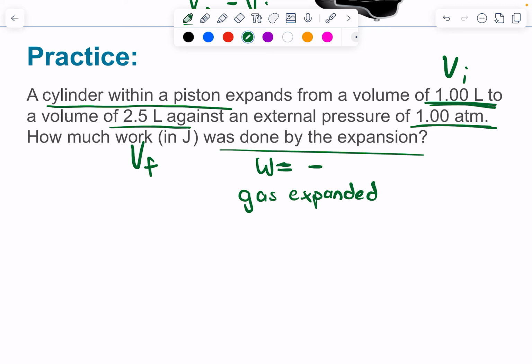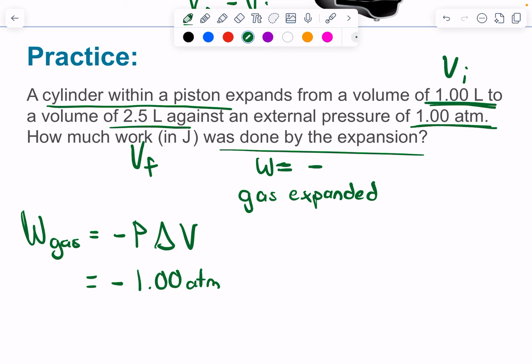Okay, so let's go ahead and calculate this. Work of the gas is equal to negative P delta V, or negative 1 atmosphere, that's the pressure, times the change in volume.